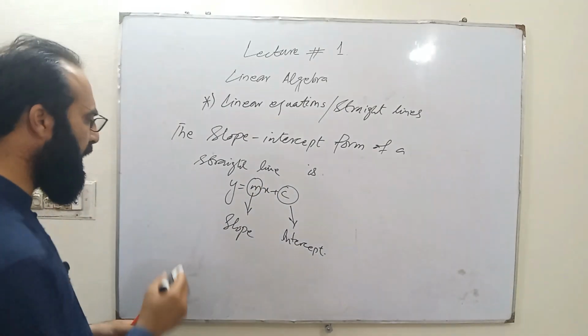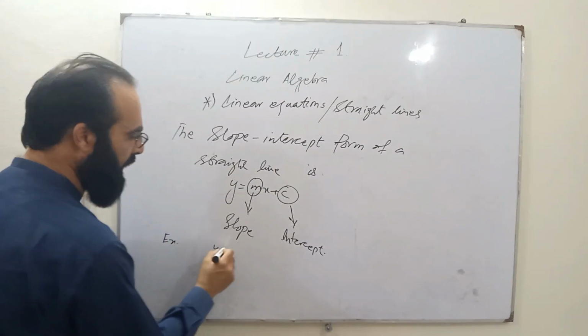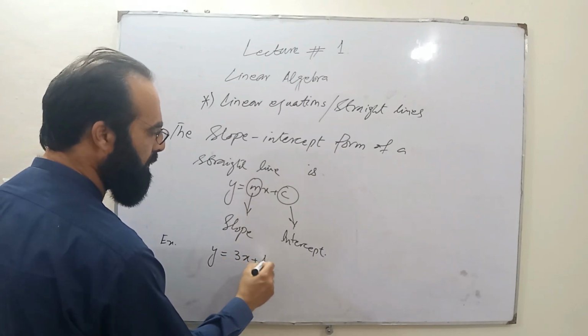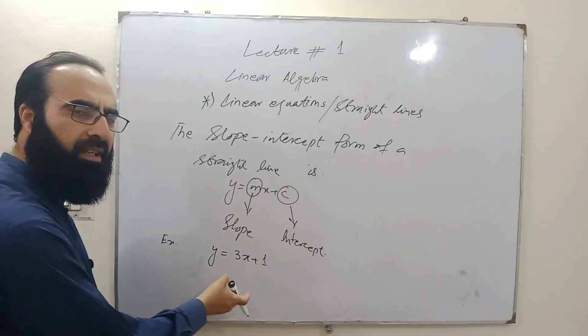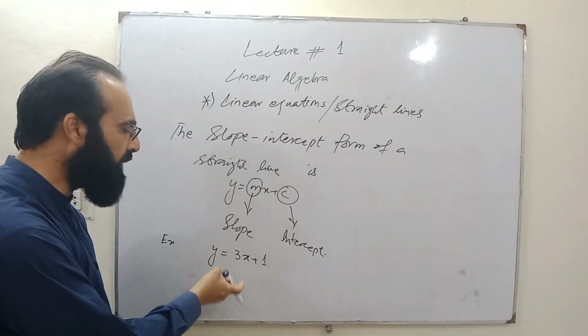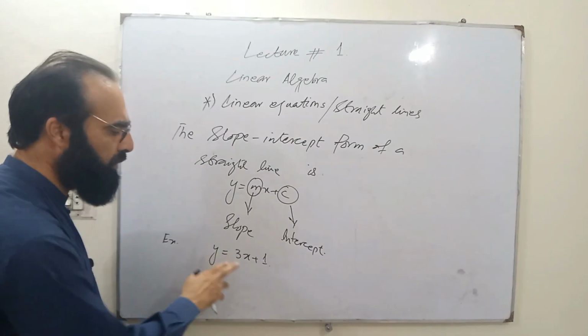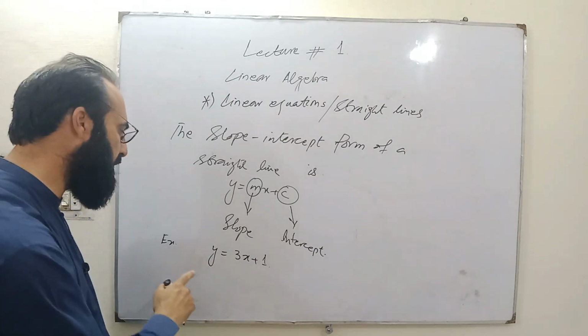So for example, we have a straight line y is equal to 3x plus 1. So let us draw the graph of this straight line in the xy plane. To draw the graph, we have to know about the intercepts of this straight line.